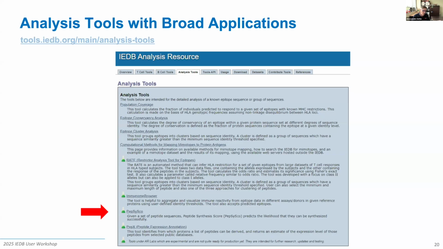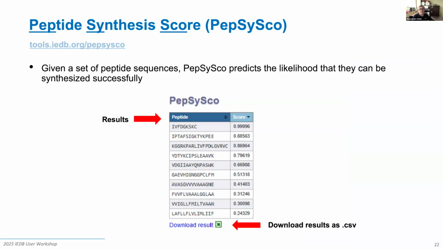This is based on experience that has accumulated over the years on the ease of synthesizing synthetic peptides. And so you can enter your sequences, and then you have a score that tells you how easy the peptide is predicted to be to synthesize.